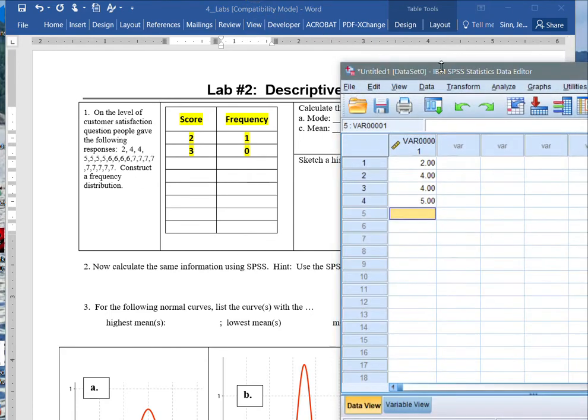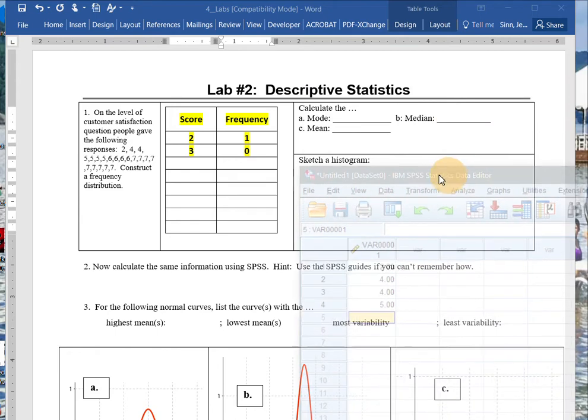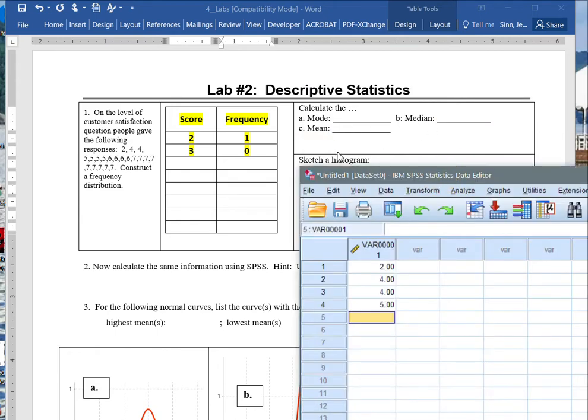So in other words, take these values and just type them in a column. So it would go 2, 4, 4, 5, etc. And then go ahead and run the things you need to get the mean, median, and mode. Hint, it's going to be the frequency procedure.